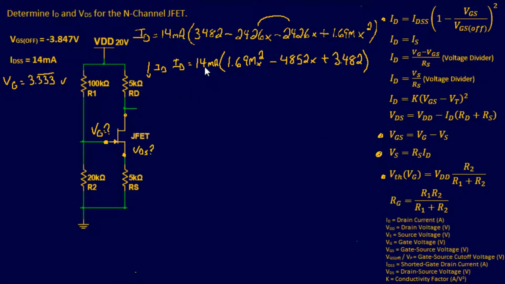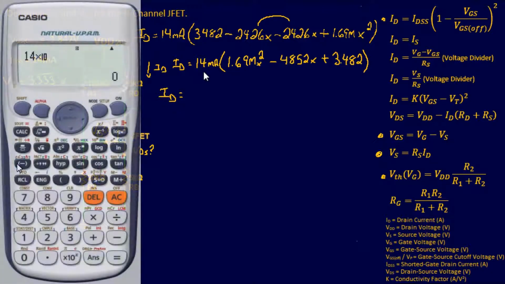So now I'm going to take this 14 milliamps and actually multiply it into this equation over here, so that way we can simplify down one more time. So I'm going to do drain current equals 14 milliamps times 1.69 meg, 23.66 kilo, and that's going to be x squared.